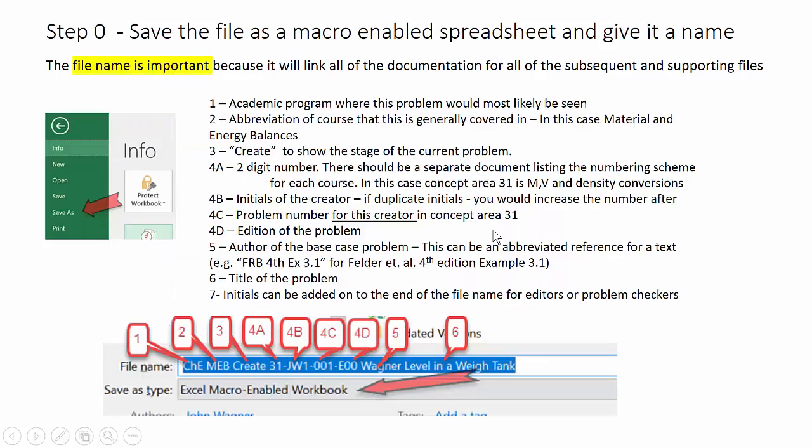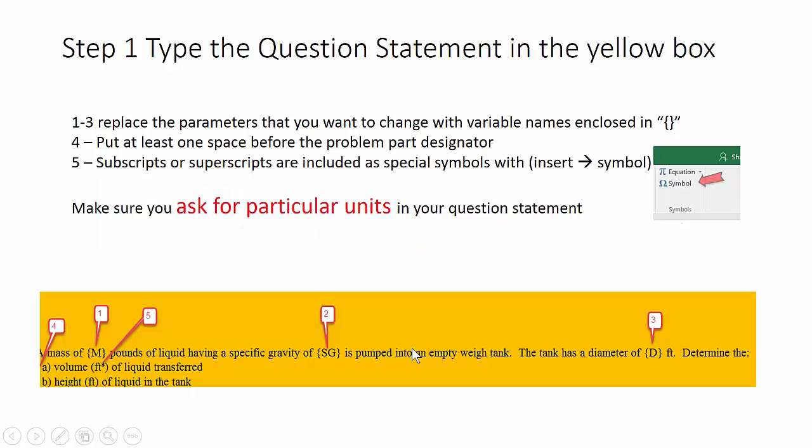I requested that people use a specific file name when they save the spreadsheet, so that if multiple authors or creators are submitting these, we have some system to keep them straight. It has to be a macro-enabled workbook also.